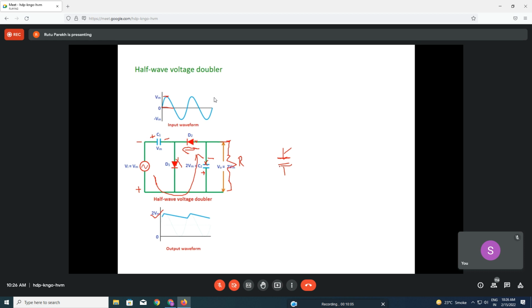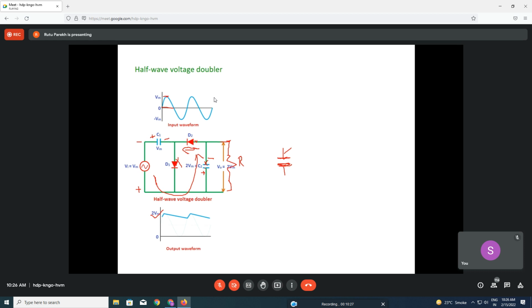Whatever voltage you give, that will be the plate polarity. So if it is plus here, then this is plus and this is minus here. Agreed or no? But what is the voltage here? What will be the voltage here?